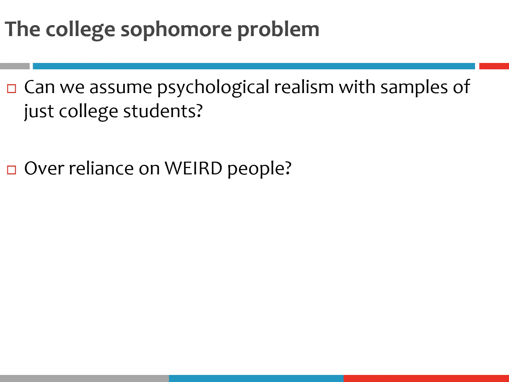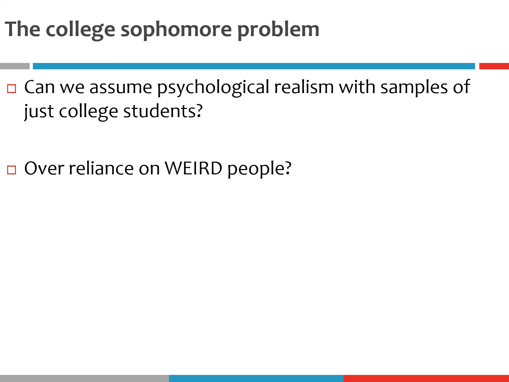So when we isolate our samples to just college students of primarily American and Eastern European descent, okay, there are specific qualities of these samples that differ significantly from the broader population, right? So again, most of the people that participate in psychological experiments are from Western countries, they are educated, they are from industrialized, rich, and democratic nations, okay?